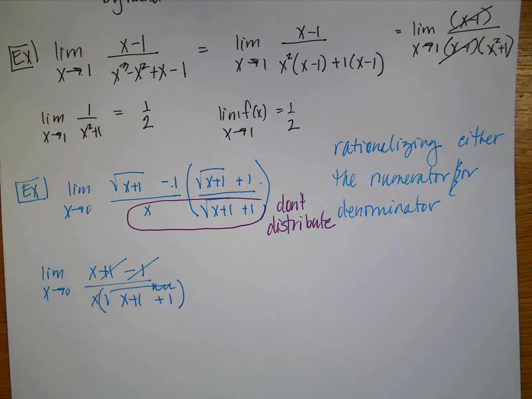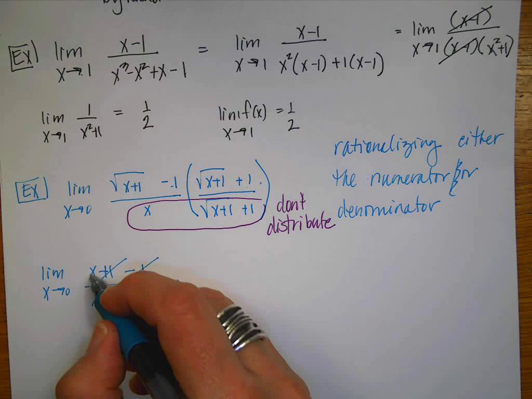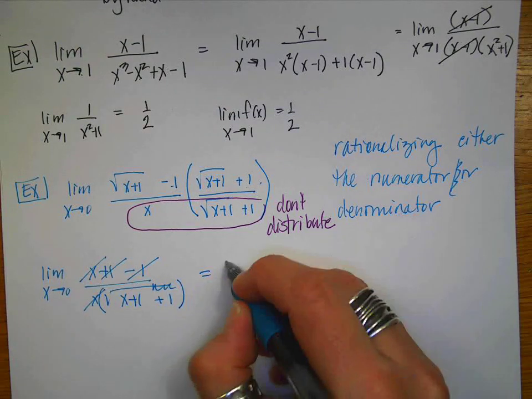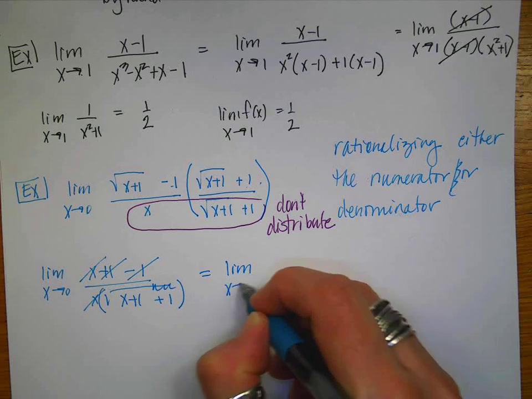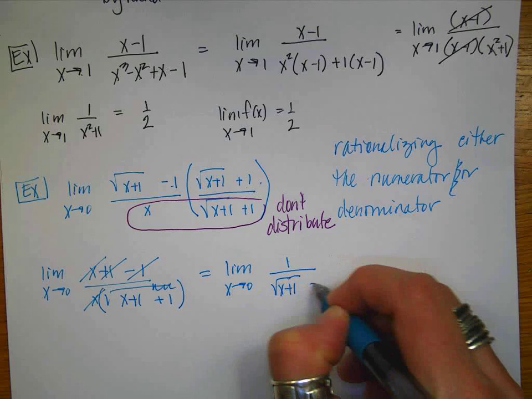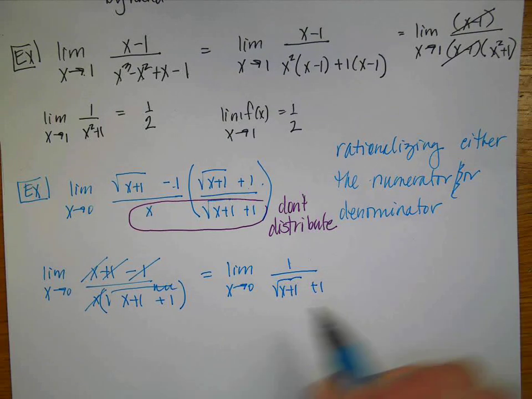If I simplify the top, notice that the 1's cancel, and now notice that the x's can cancel. So now my function has become, as x approaches 0, 1 over the square root of x plus 1, plus 1.